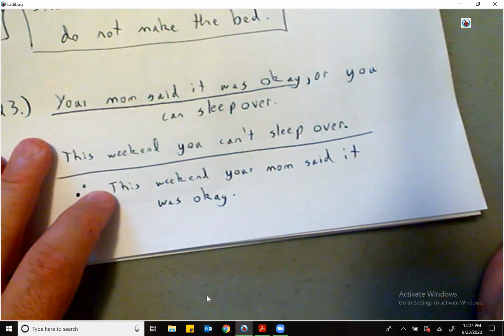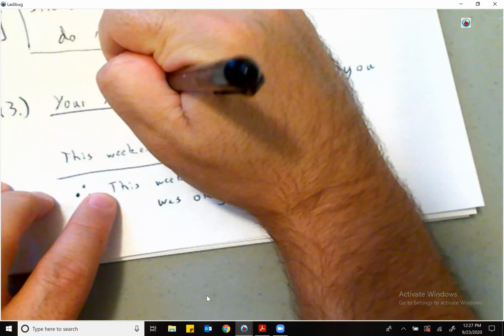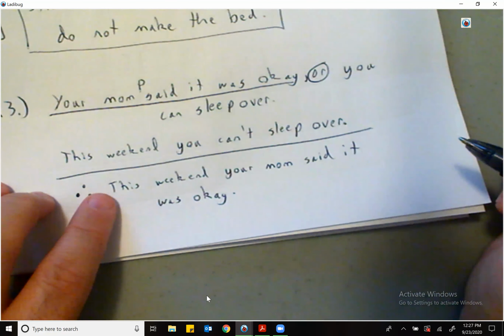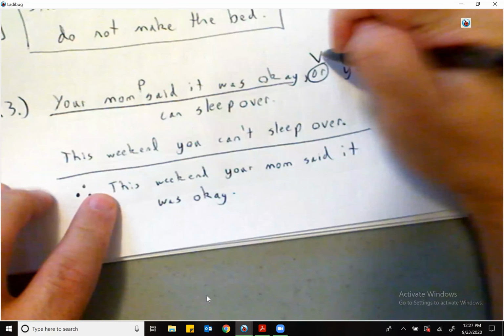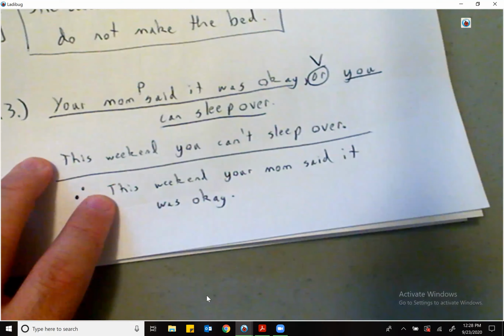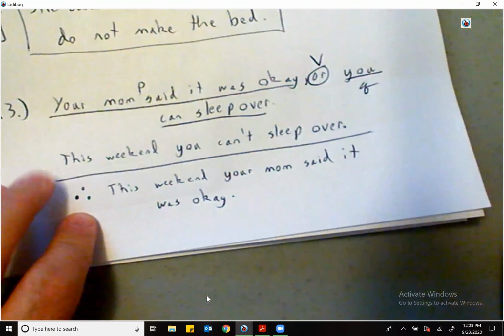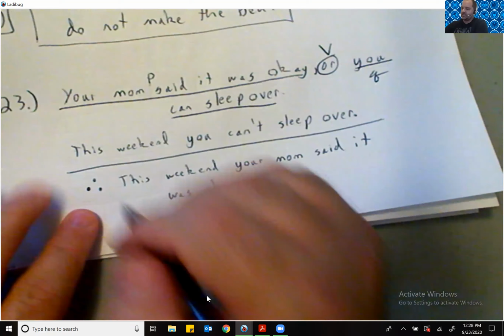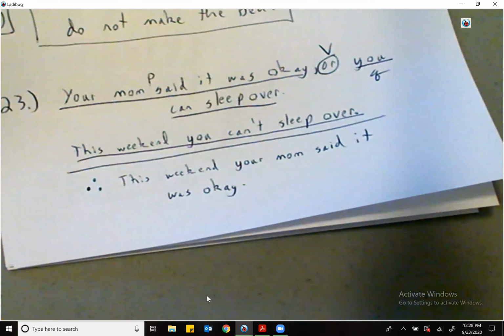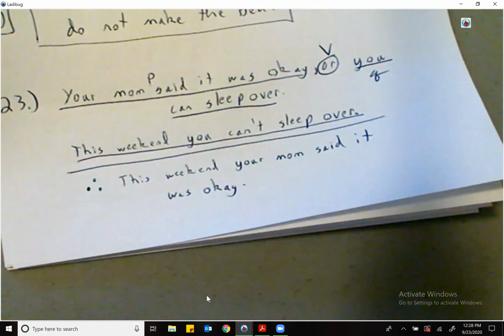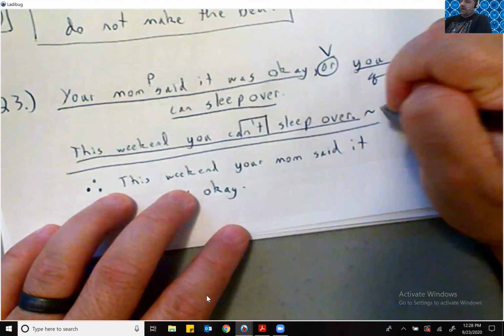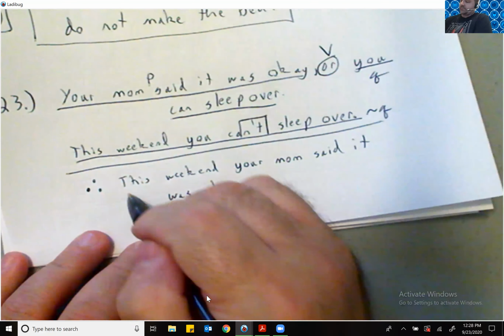P. I see an or. So what is that? V. You can sleep over. So what is that? Q. You got it. Now we move to the next one. It says, this weekend you can't sleep over. So that would be negate Q. You got it because you got that not right there. So this is a negate Q. And then down here it says, this weekend your mom said it was okay.